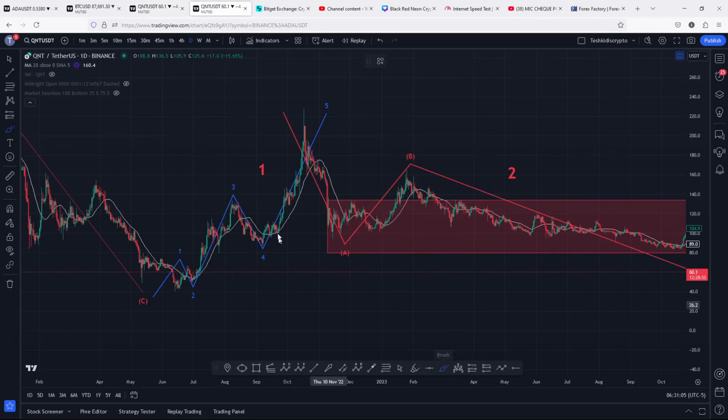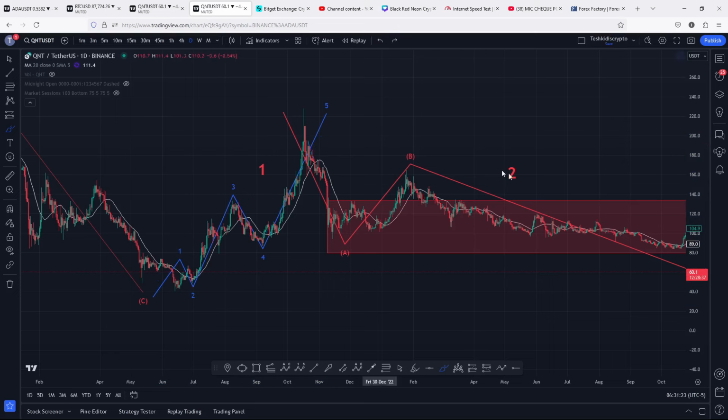And that is better explained using the daily chart, where I still believe that we got our bear market lows at $40 and started an impulse to the upside, where we peaked in a 5-wave structure, completing the formation of this larger Elliott wave count 1.